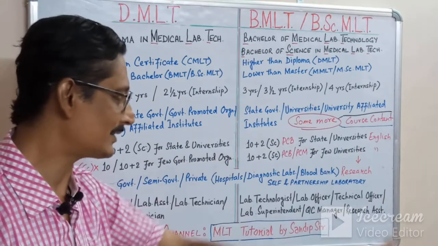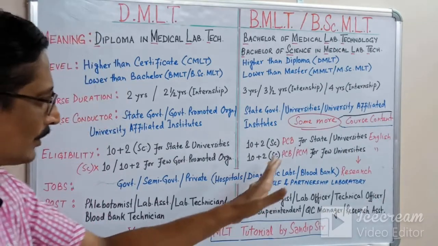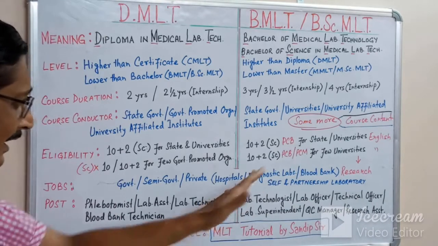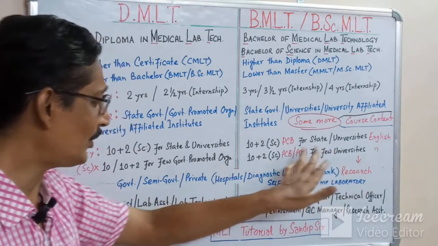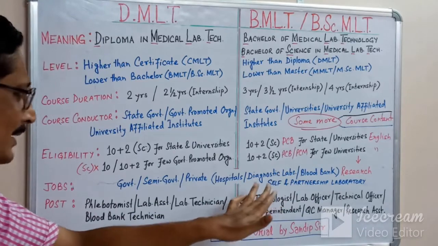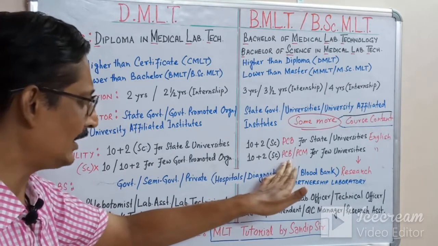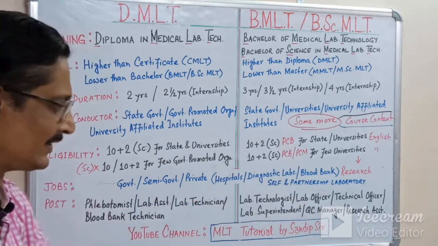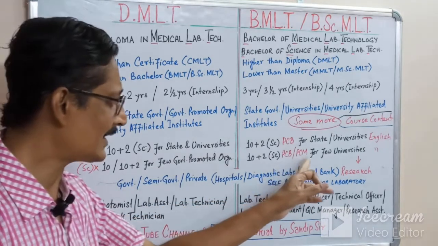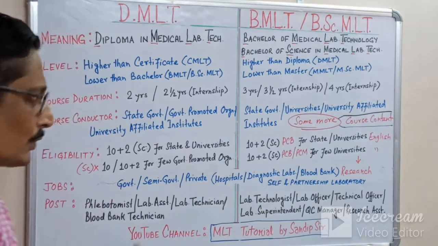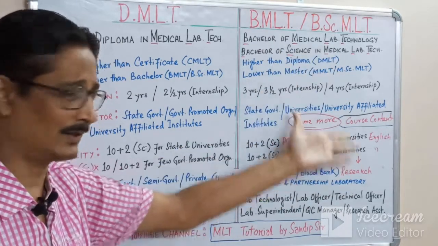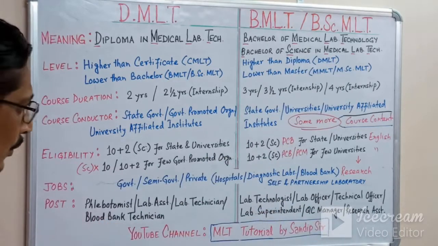So English is more important. Some private universities also allow students who do not have PCB, that is physics, chemistry, biology, for example PCM students, that is physics, chemistry, mathematics, to study these courses.